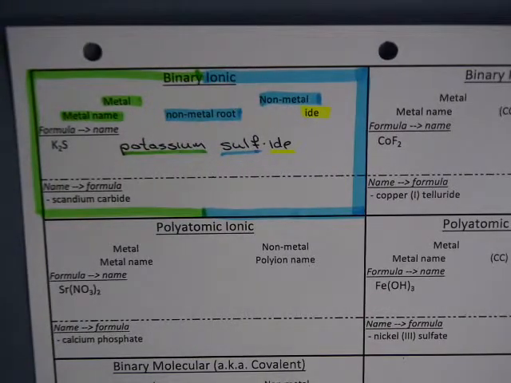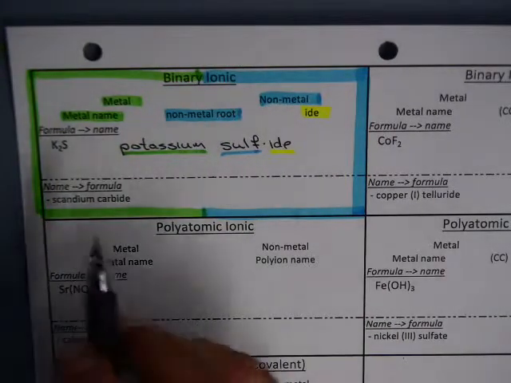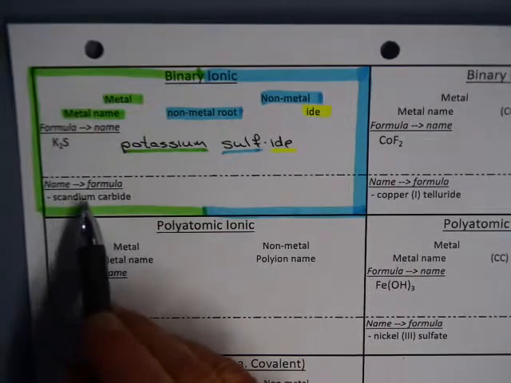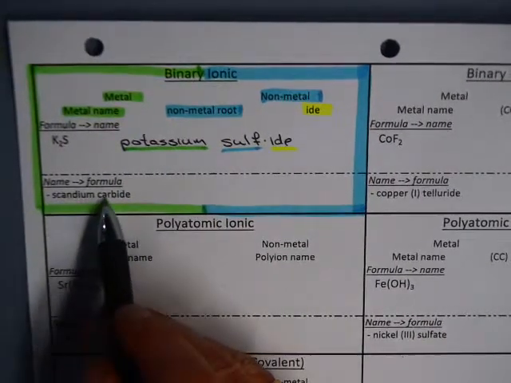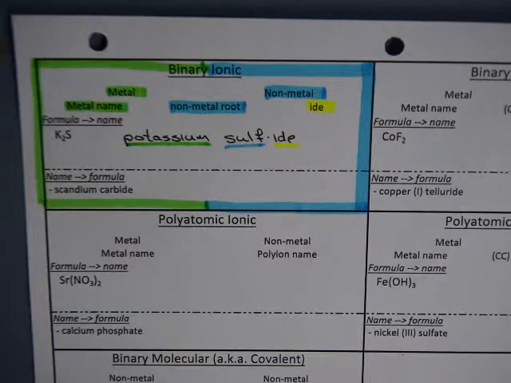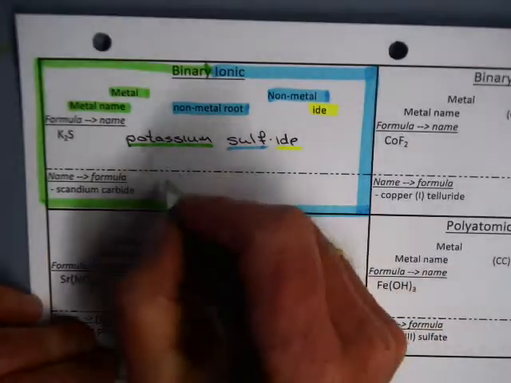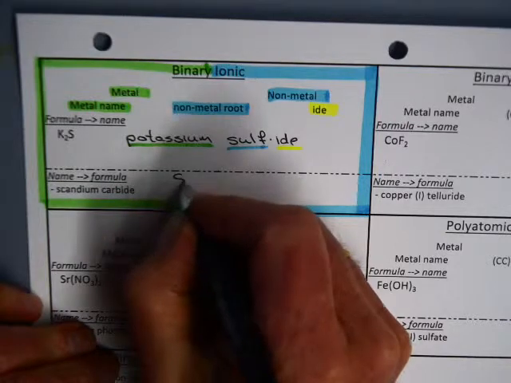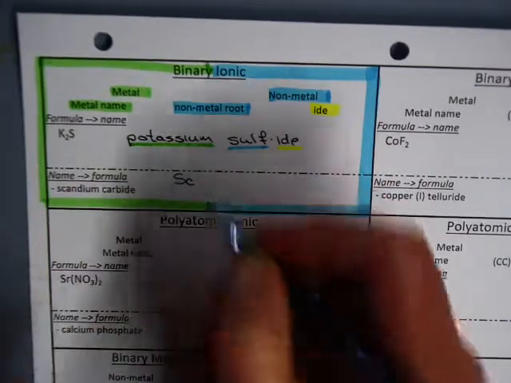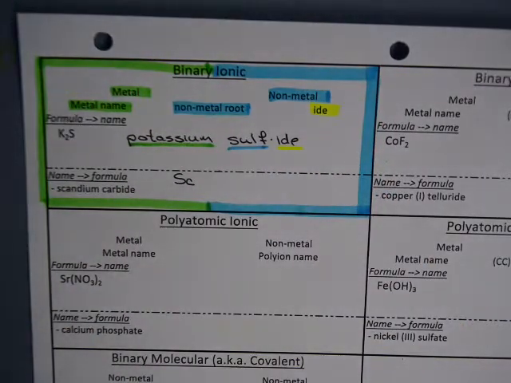So the second part, you're going from name to formula, so scandium carbide, so this is where it helps. Scandium is Sc, and you're going to follow the rule that you put the two symbols and you put the combining capacity.